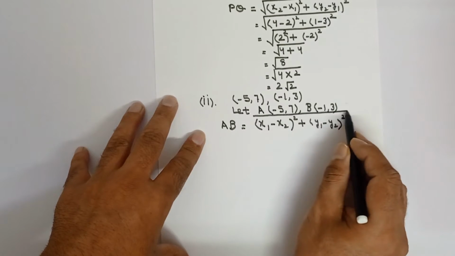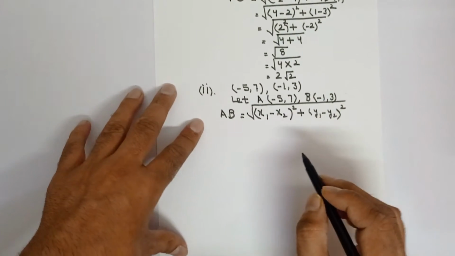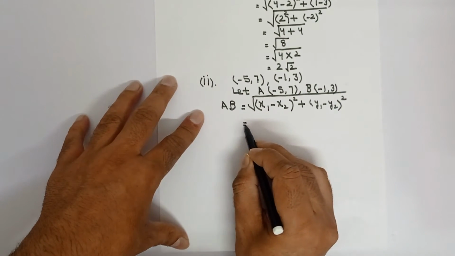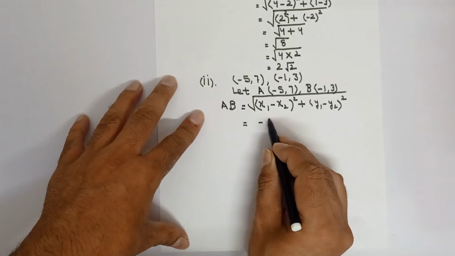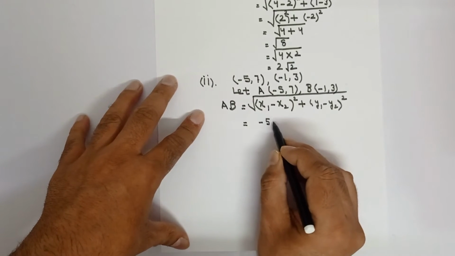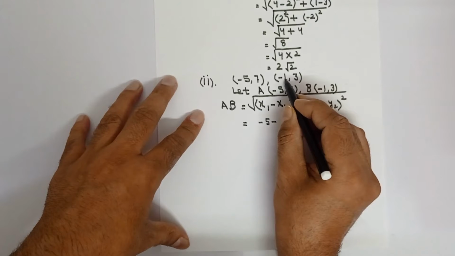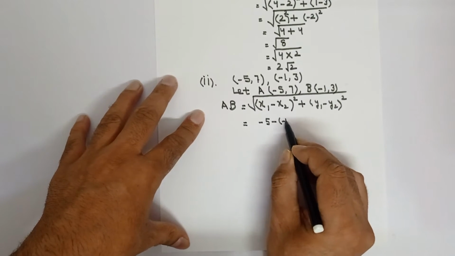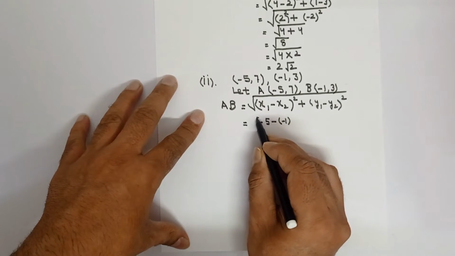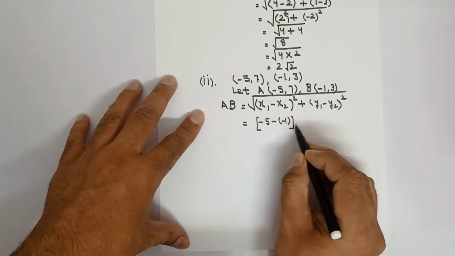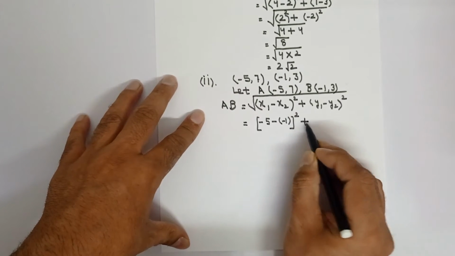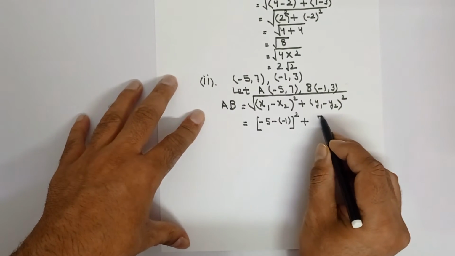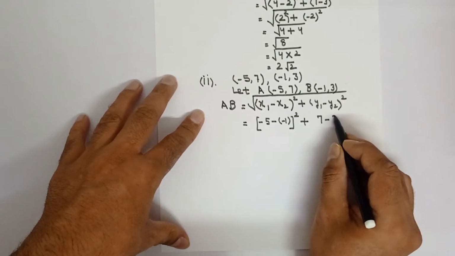I have told you by application of both the formulae the result will be the same. x1 here is minus 5. Then minus x2 is minus 1. So that will come in bracket. And it will be whole square plus y1, 7 minus y2, which is 3.